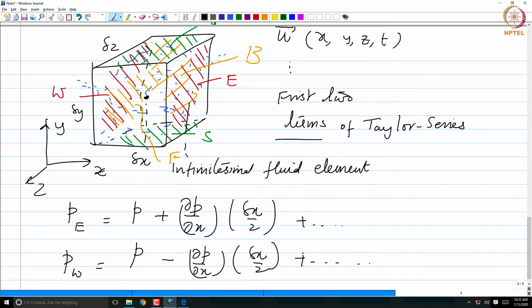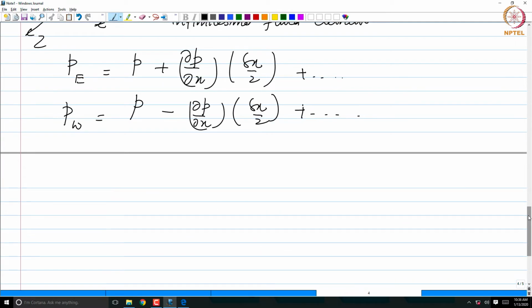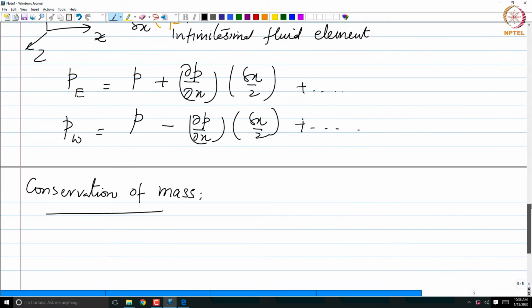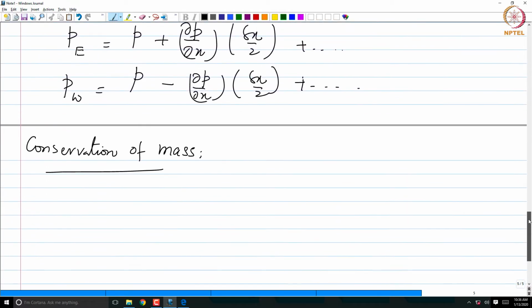All right. Let's look at conservation of mass. We are looking at again a fluid element, something that we just drew above. What will be a statement of conservation of mass?